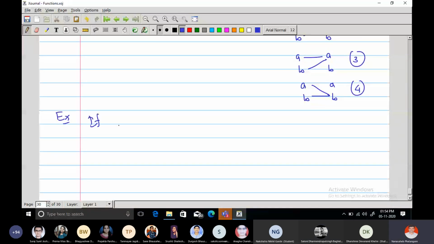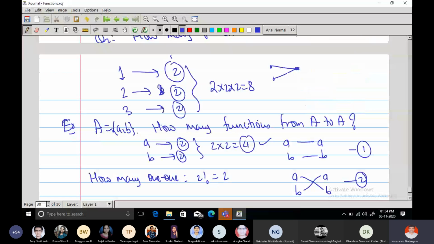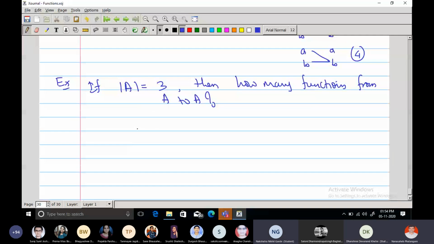So if the cardinality of A is equal to 3, then how many functions from A to A? We know how many functions: 27.